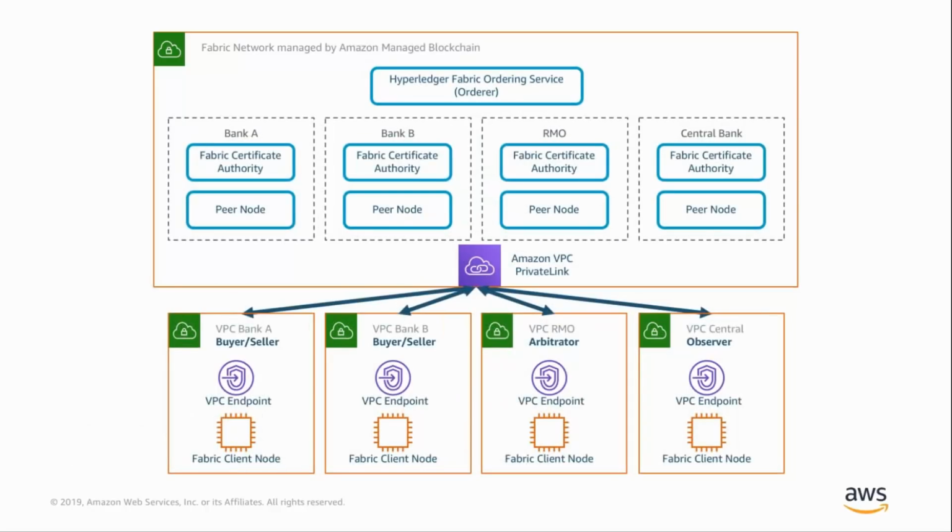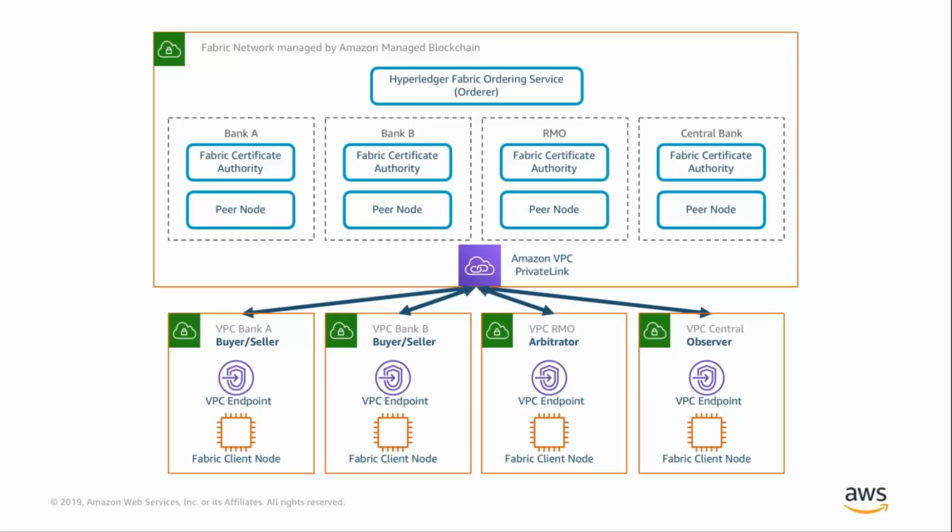A more complicated network would look something like this. If you had multiple members in your network, for example, a couple of banks, a recognized market operator, which could be an arbitrator, for example, an exchange like Singapore Exchange or Hong Kong Exchange. You may also have a central bank in your network, such as the Monetary Authority of Singapore or Hong Kong Monetary Authority.